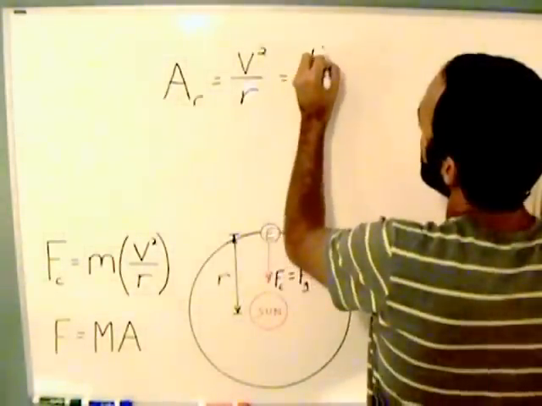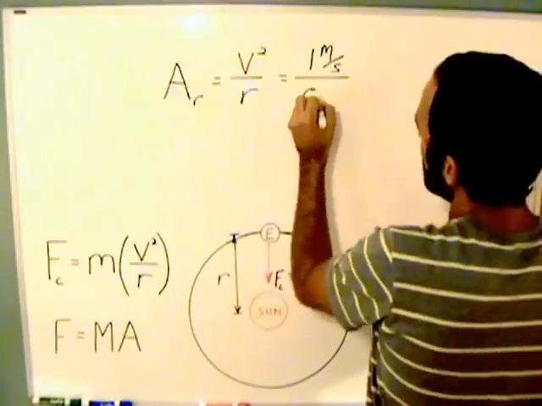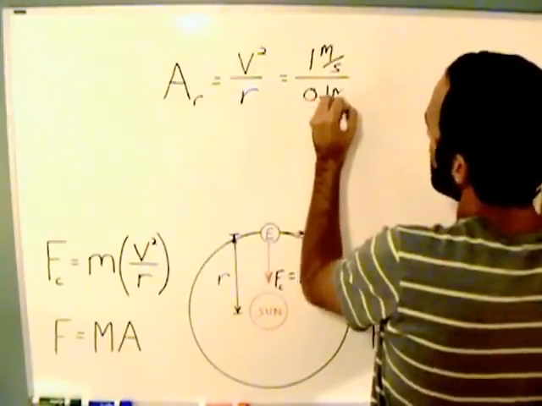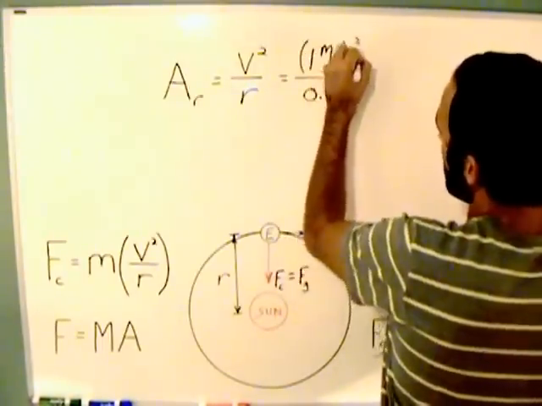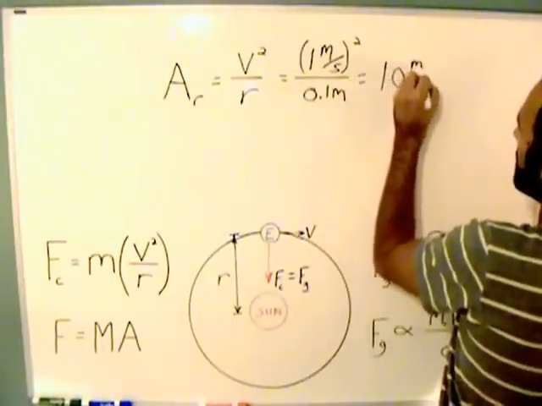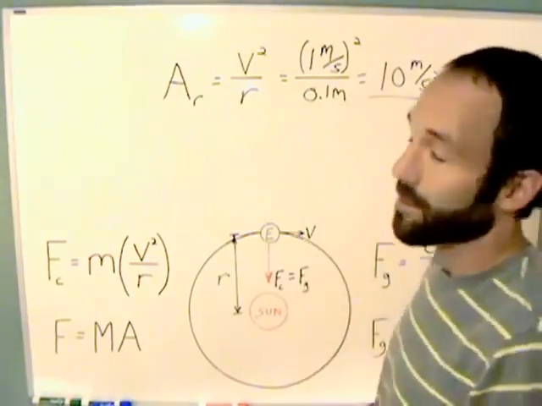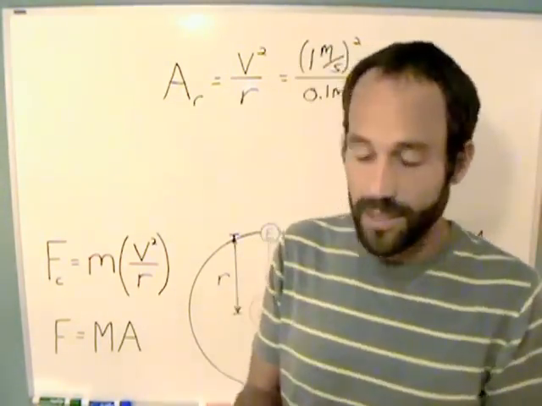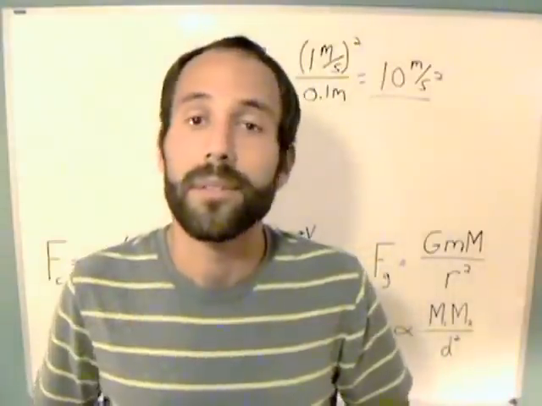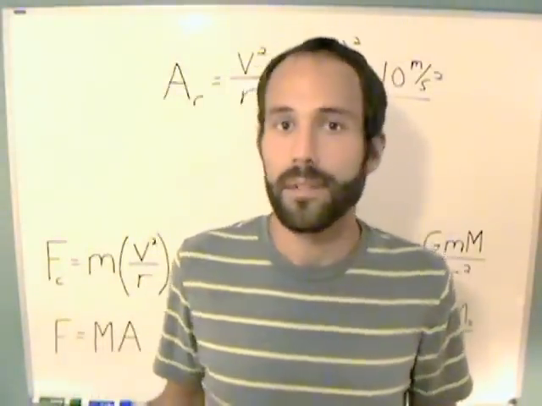So 1 meter per second, squared up top, over 0.1 meters gives us 10 meters per second squared, which is pretty close to the acceleration due to gravity, the acceleration at which things fall towards Earth, which is 9.81 meters per second squared. So the units are actually the same.